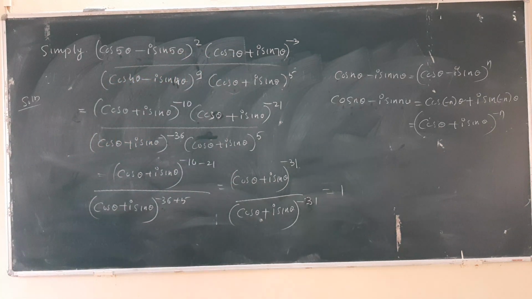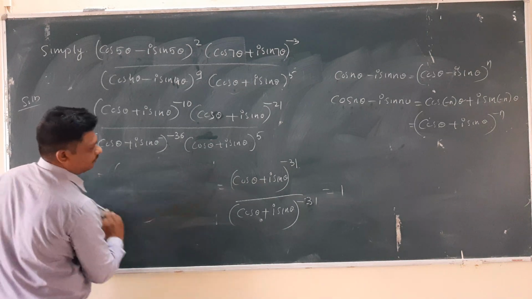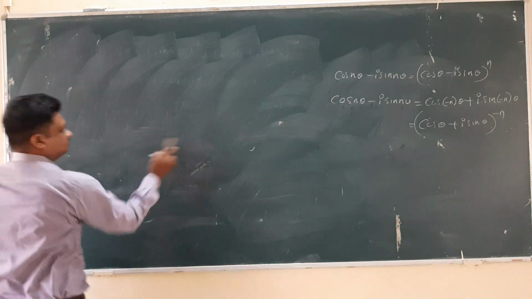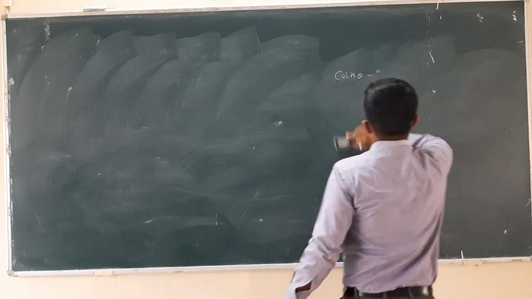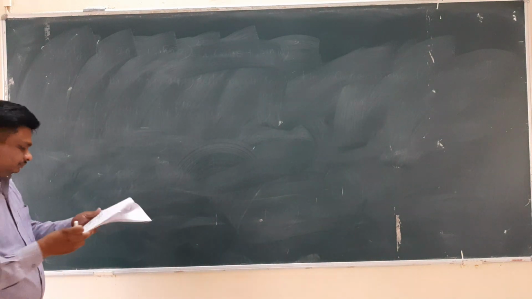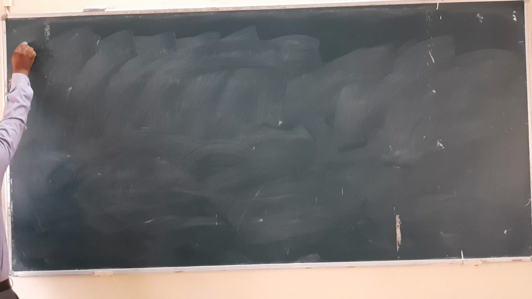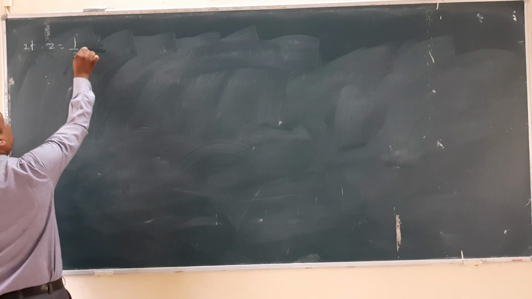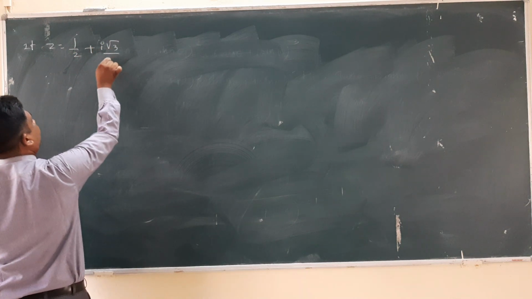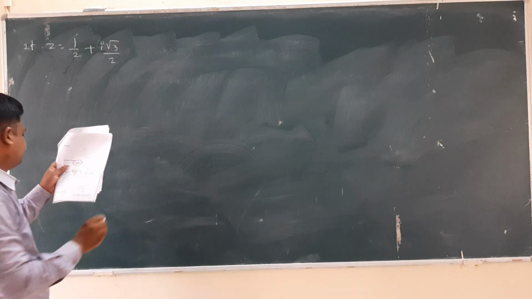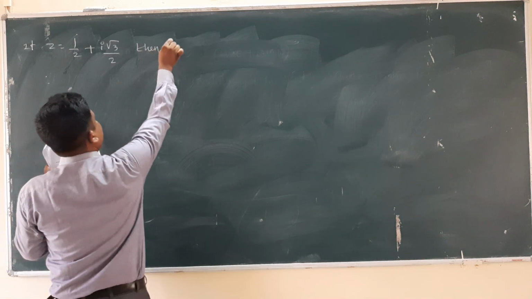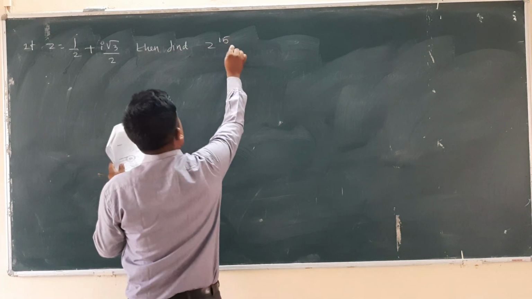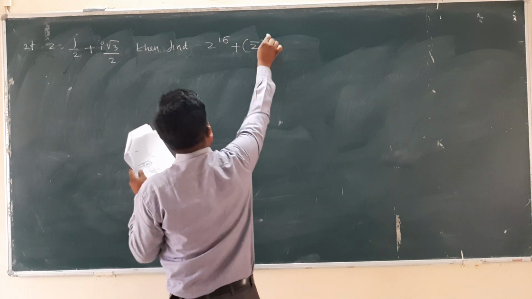Let us see one more example. If z is equal to 1 upon 2 plus i root 3 upon 2, then find z to the power 15 plus z bar to the power of 15.